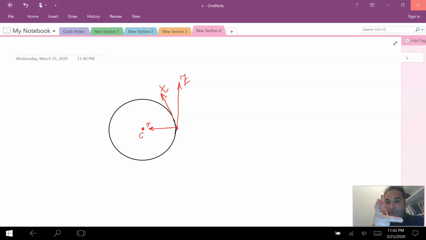That's why if you do your hand like this, see, R is toward the center. So we can write: the middle finger is the radial axis.